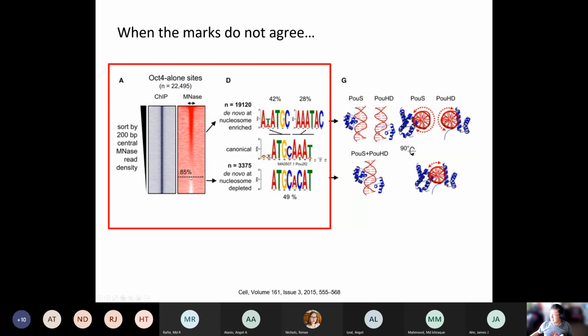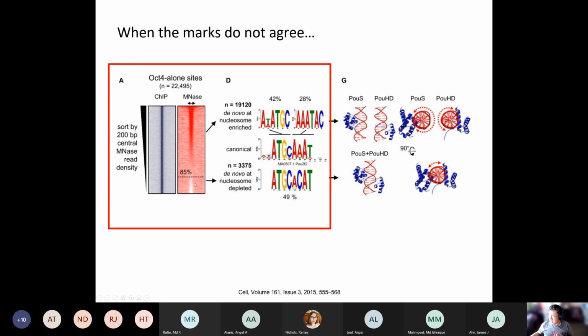You see that OCT4 binding sites have two categories in terms of micrococcal nuclease. Some regions don't even have any micrococcal nuclease activity, but some regions have a lot of micrococcal nuclease activity. That is kind of controversial because, as we know, if you don't have micrococcal nuclease activity, that means it is open chromatin.